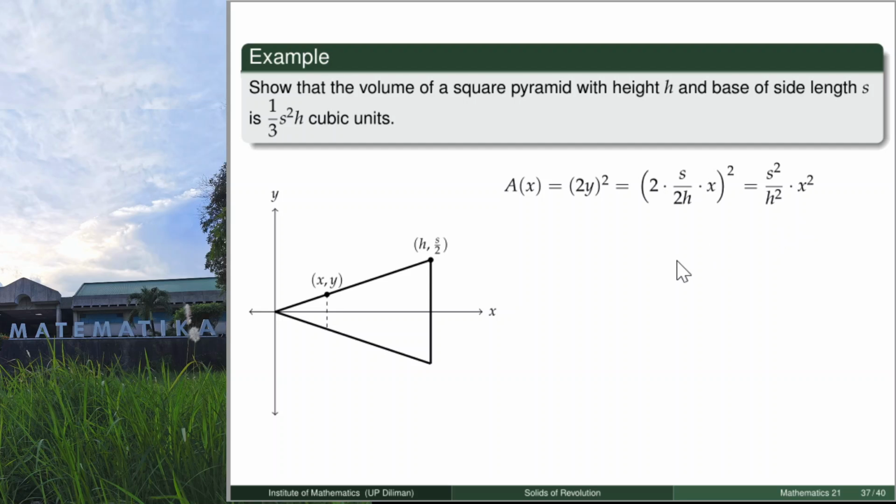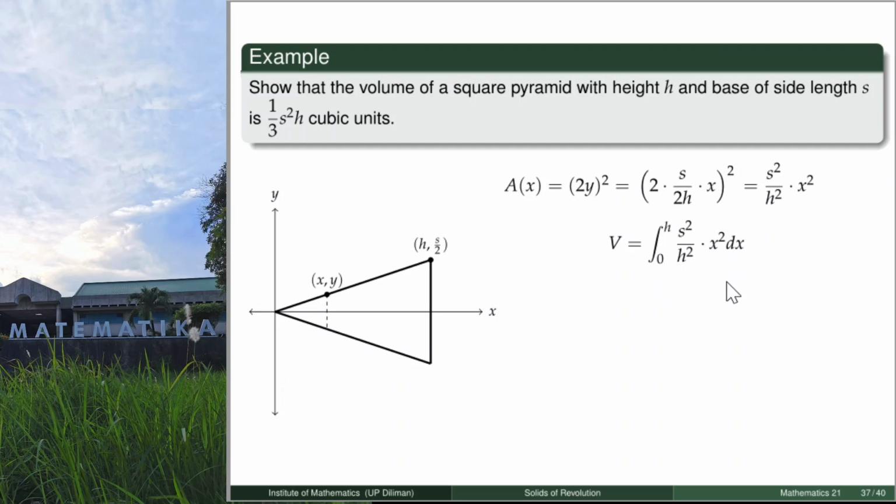Okay? Now, I think we're ready to write the volume as a definite integral. So we have volume is from x equals 0 until x equals h. And here's the area of the cross section in terms of x. And then times the thickness of your cylinder, which is dx. Okay?